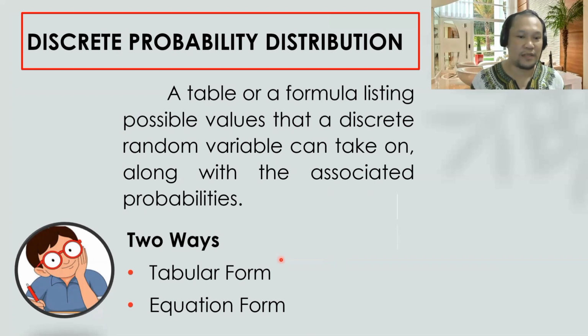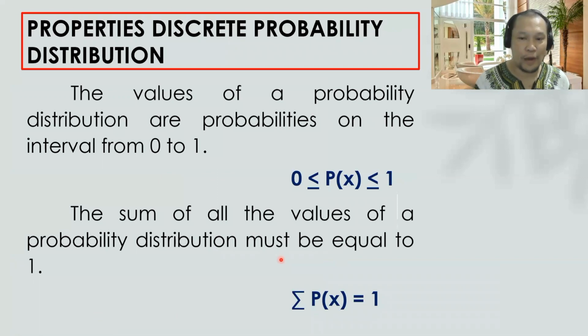And it's always your decision whether you are going to use the tabular form or the equation form. And for the properties, the probability of the values of a discrete probability distribution will be from 0 to positive 1, while the sum of the probabilities is equal to positive 1.